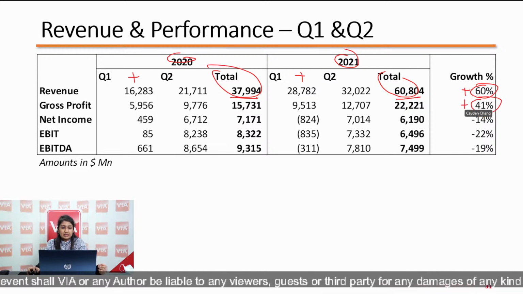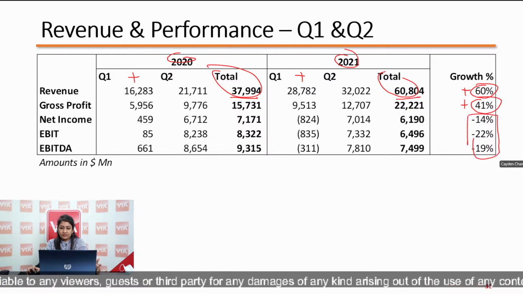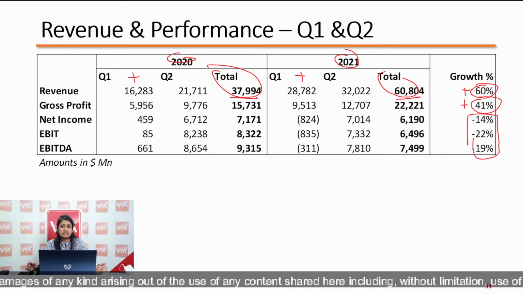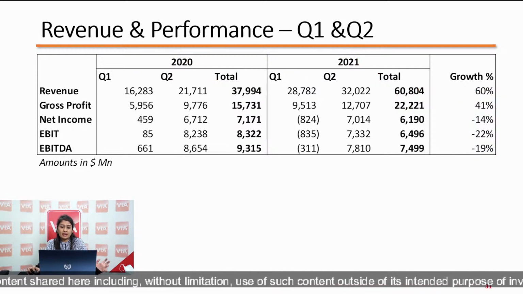But sadly, the net income, EBIT and EBITDA have fallen this half year, and this is also probably because of the same reasons, that they had to pay fines and they are investing their excess profits in key strategic areas for future growth. So that is a good sign for the company.